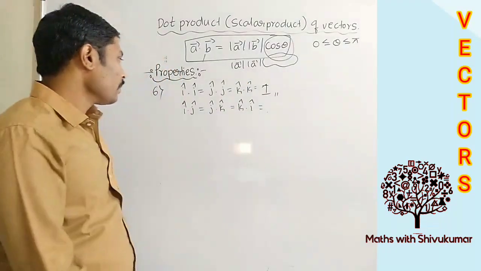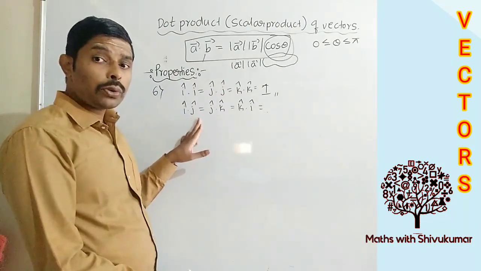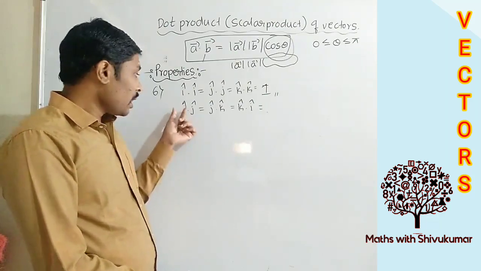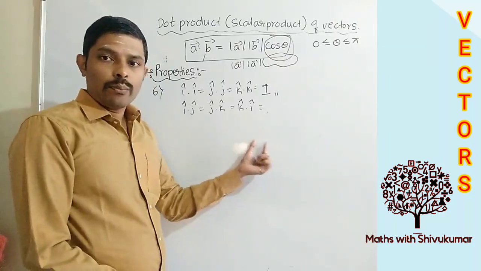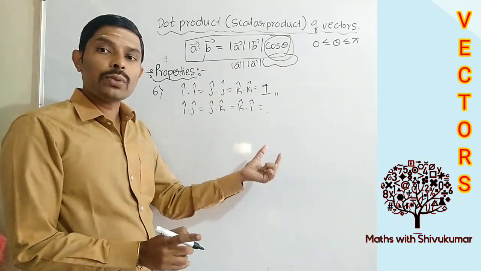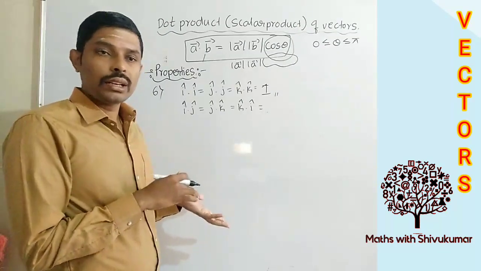Students, see here. i dot j means i and j are perpendicular to each other. Then magnitude of i, magnitude of j, cos of theta. Magnitude of i is 1. Magnitude of j is 1. What is the angle between them? Cos 90, 0, into 1.